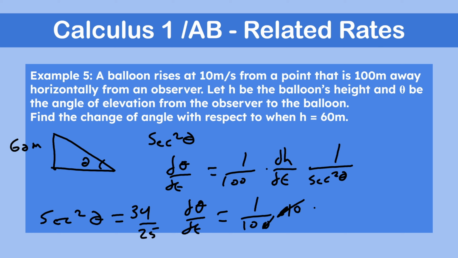So now it's just 1 over 10 multiplied by 1 over 34 over 25, which is roughly 1.36. Well, it should be 1.36. So what we're going to get is 5 over 68 radians per second. And that is our final answer.